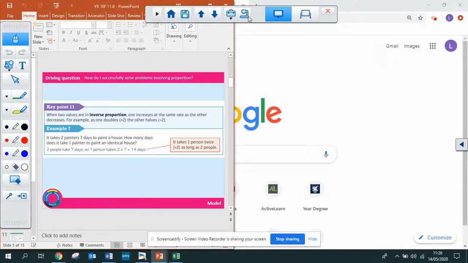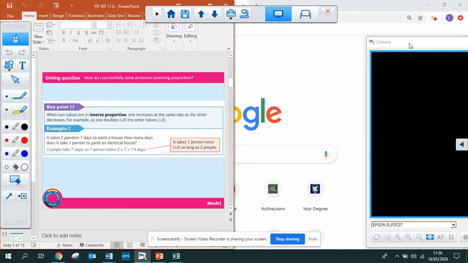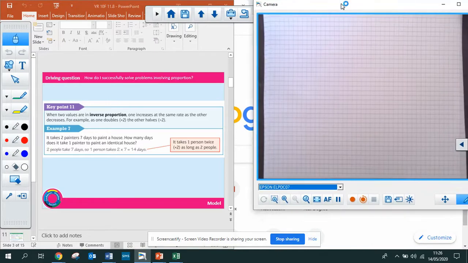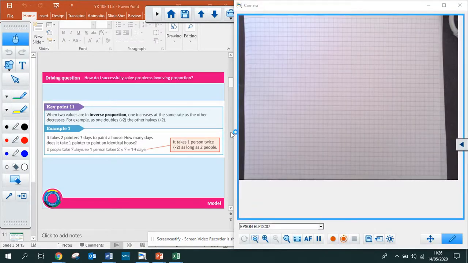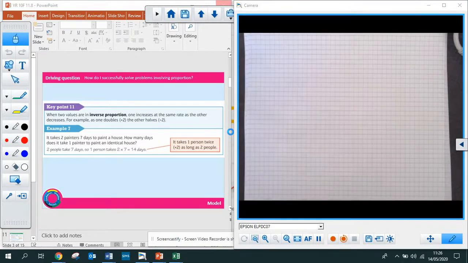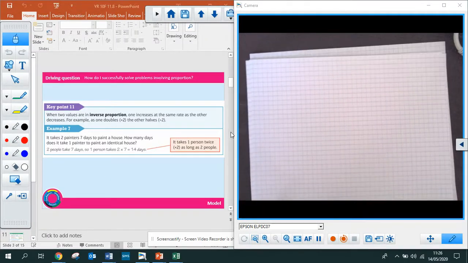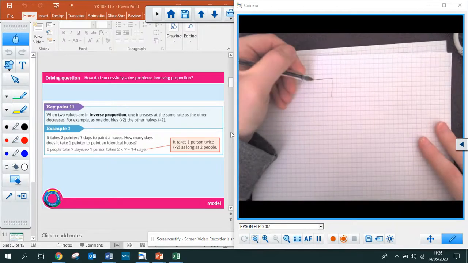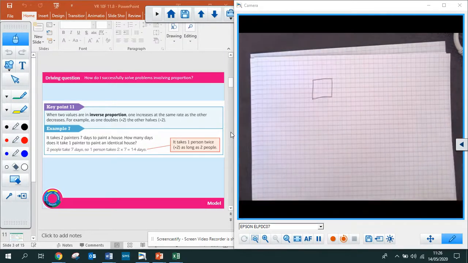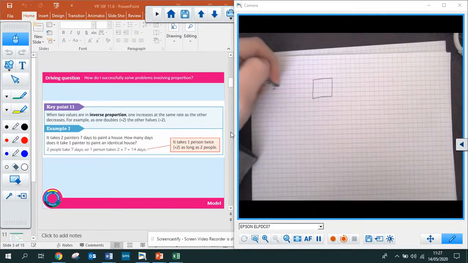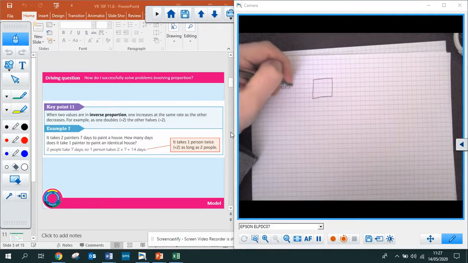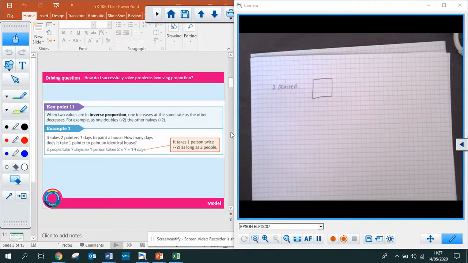I'll try and explain it a little bit, but there's not really much I can explain anyway on the visualizer. The concept you've got to try and get your head around. So you have 2 painters. If you imagine this is the house. Okay, it's going to take 2 painters 7 days.